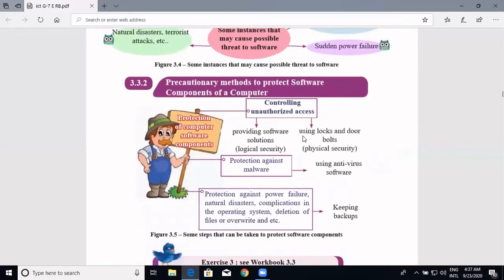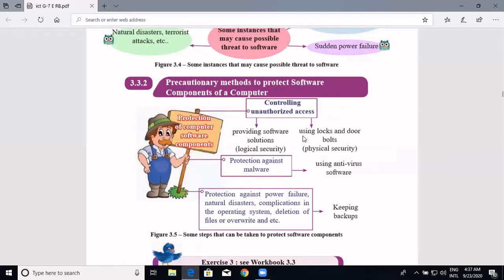So again, they are talking about how to prevent, or what are the precautionary methods you can follow. First thing is about access issues, right? So how to control unauthorized access? Physical security you can ensure by doors and locks, yes, right? Other than that, you should have logical security. This is mainly achieved by passwords. We talked about passwords, and here also we are discussing some things about passwords.